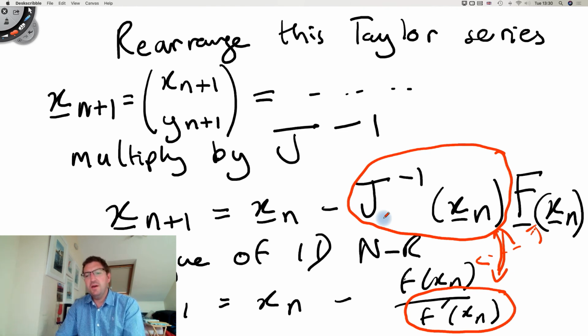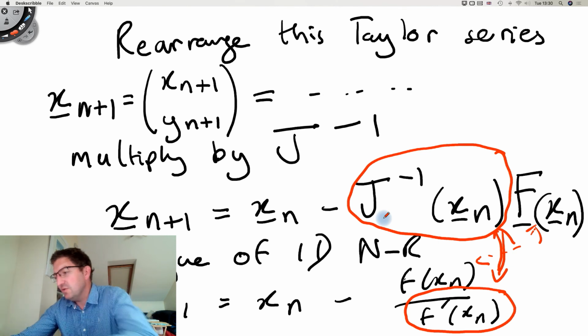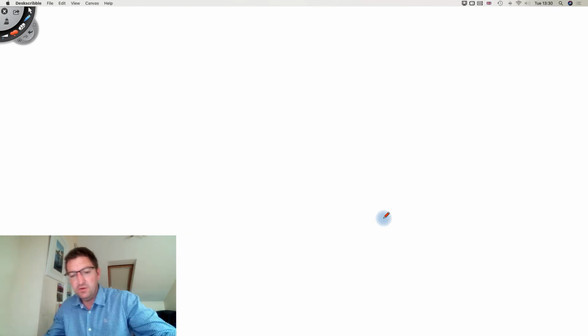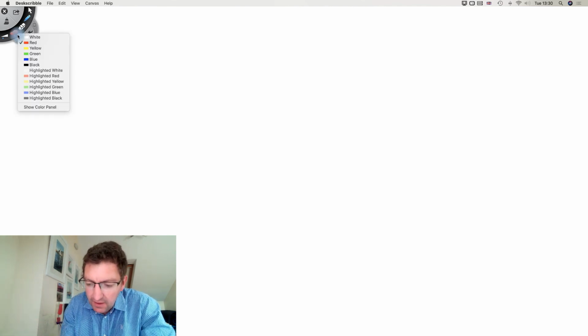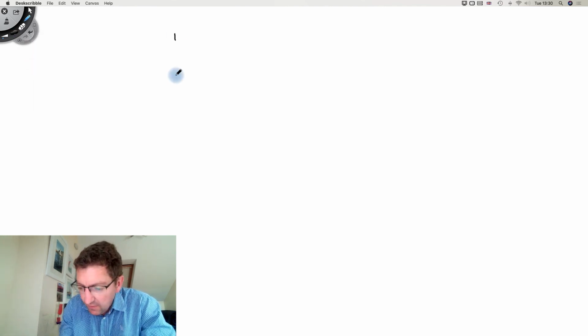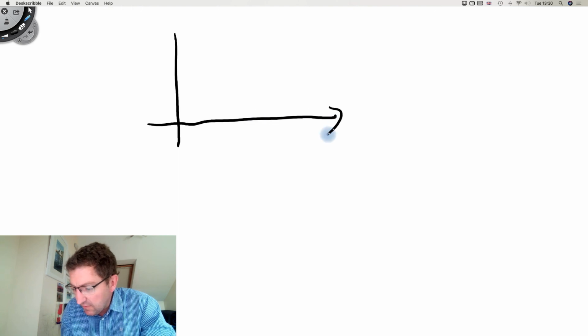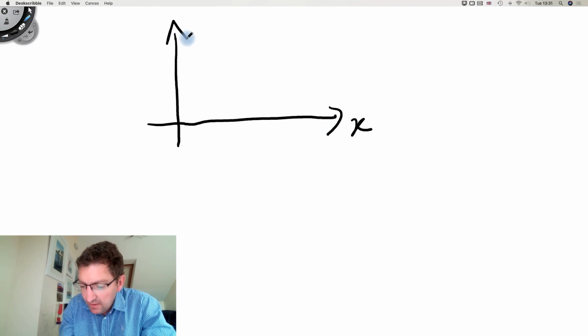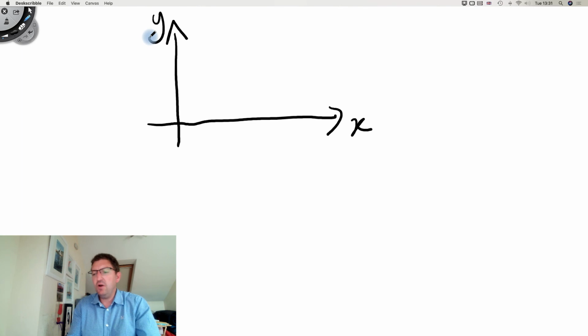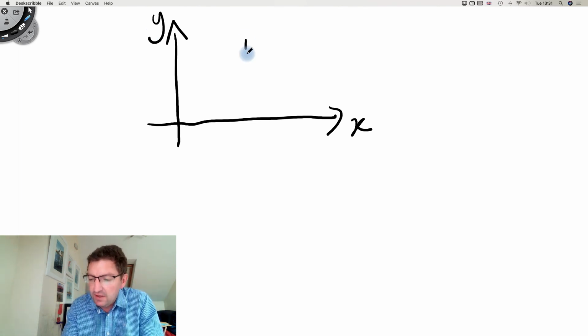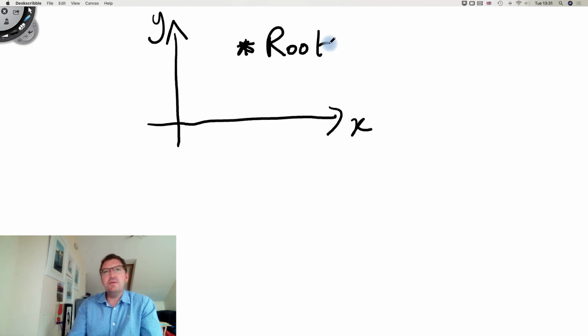So this idea, you're navigating round. Let me just draw a picture of how that works. We know that in x and y there's two roots that exist, and obviously the Newton-Raphson will converge to the one that's typically closest to it.